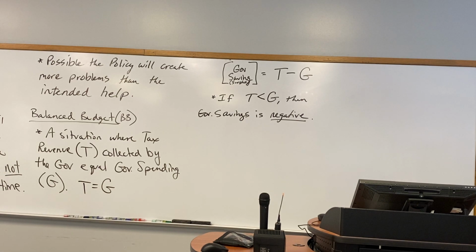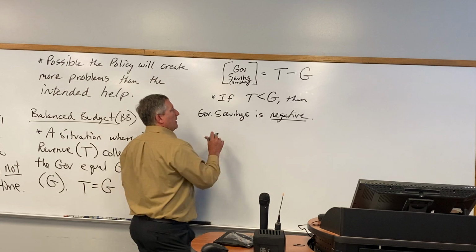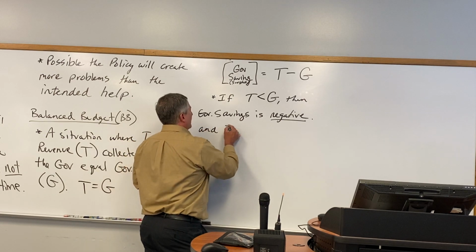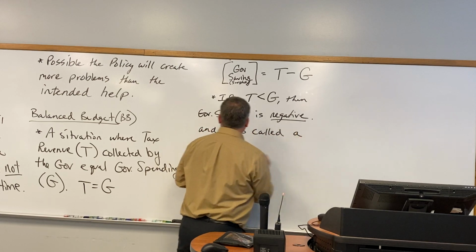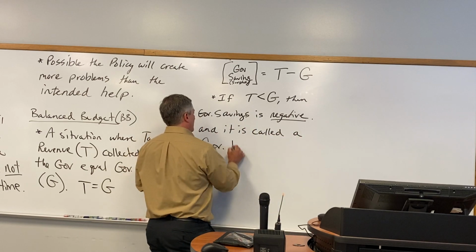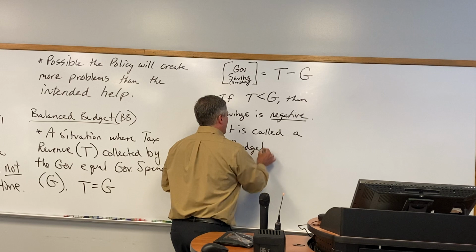If we have negative savings, if T is less than G, a deficit. Good, so that is the deficit. So government savings is negative, and it is called a government budget deficit.